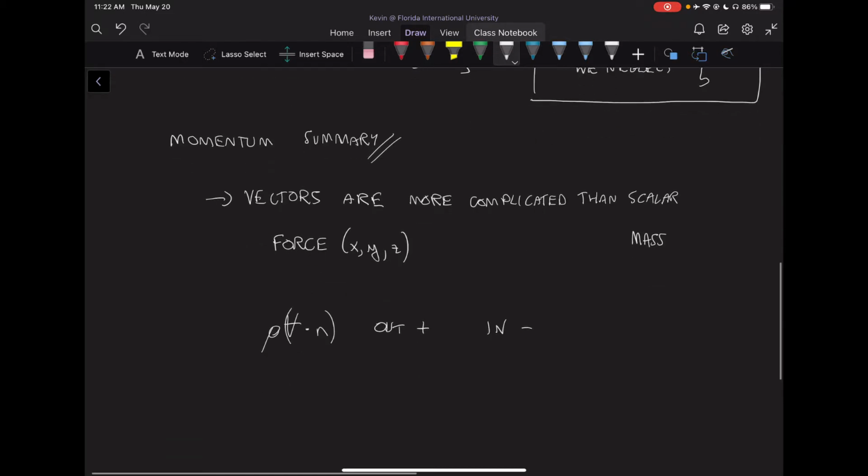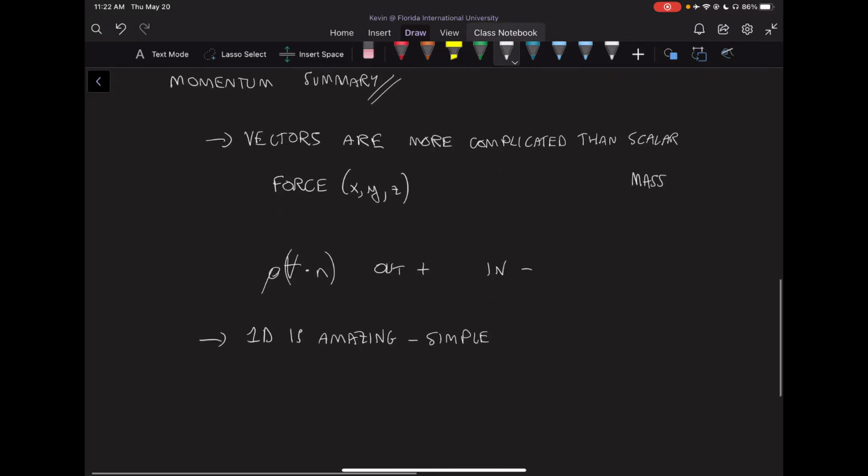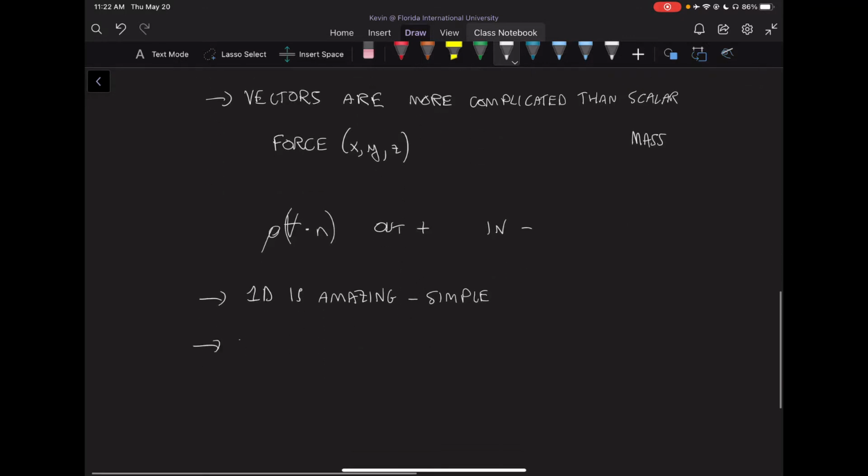The other conclusion that we can have from this is that 1D is amazing for us as engineers. If we can assume 1D, it makes it very simple. We just have a surface that goes in and out and it's very, very easy. And we just would make sure that we choose an inlet or outlet.